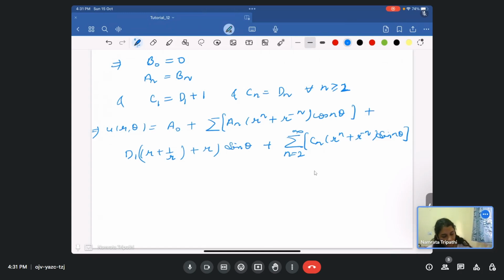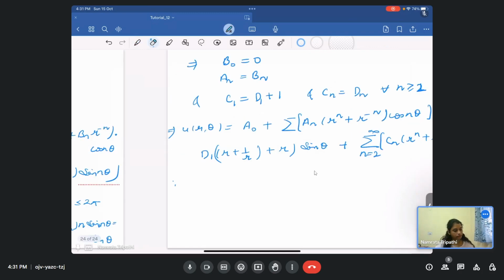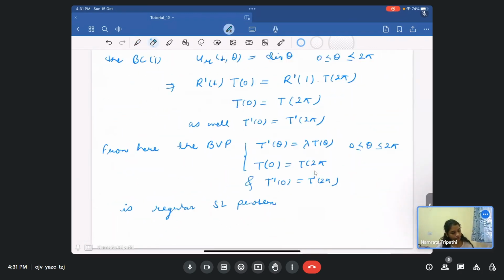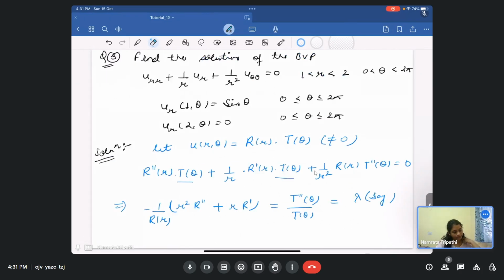Fine. Now we have another boundary condition. We have given, okay, let me show you the problem. This is the Laplace equation in polar form. So we are using the variable separable method.